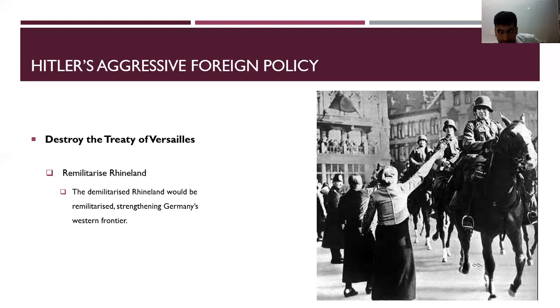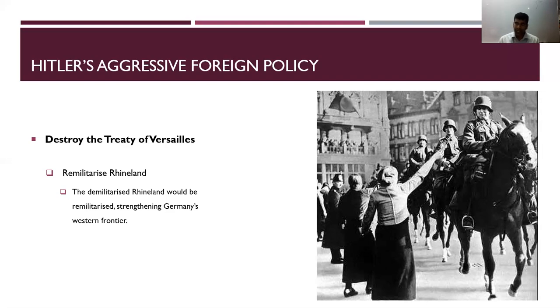Hitler wanted to break this clause by remilitarizing Rhineland, and to do that, you need to break another treaty term, which is, of course, conscription and building up your army, rearmament. By remilitarizing Rhineland, this strengthens Germany's western frontier, because you now have German soldiers there to protect them from Belgian or French aggression.